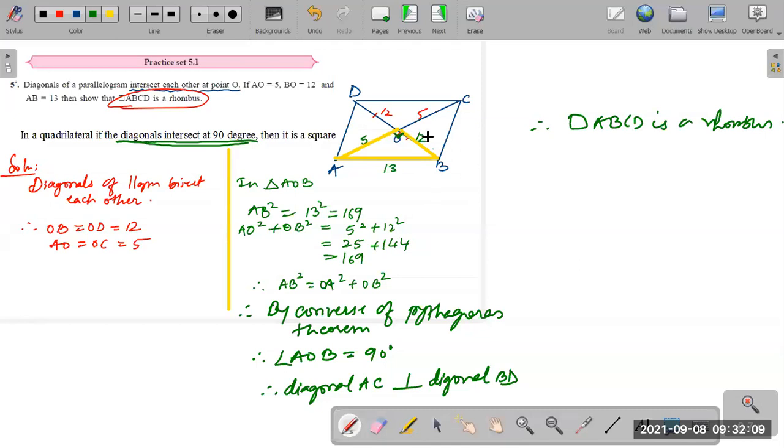See, if this side is 5, this side is 12, this will also be 13, this will also be 13, right? If one angle is 90 degrees, clearly all are 90 degrees, isn't it? So therefore, it's a rhombus. So no need to prove that all the sides are 13, 13, 13. We have to prove only one thing, that the diagonals intersect at 90 degrees. That's enough.